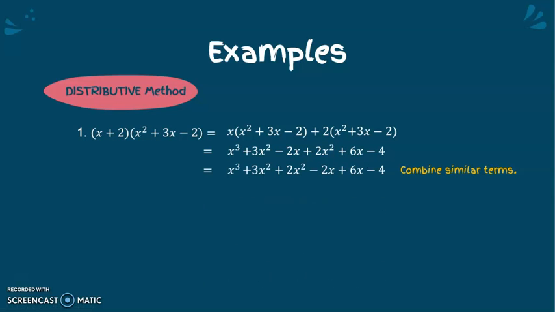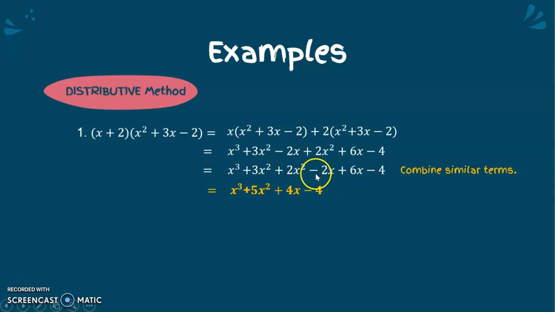So, to simplify and arrange our answer: x cubed plus 3x squared plus 2x squared minus 2x plus 6x minus 4. Okay. So, final answer: copy x cubed, then, same sign, add 3 plus 2, 5, copy literal coefficient x squared.